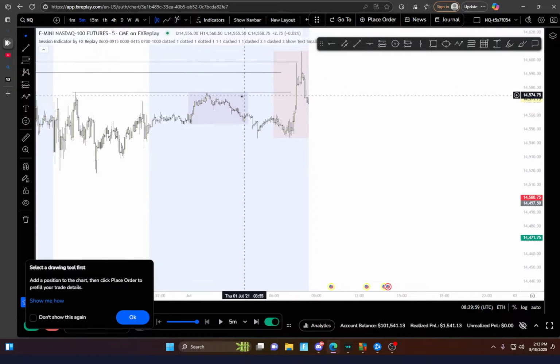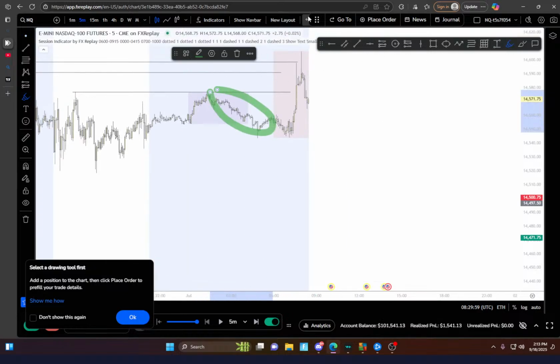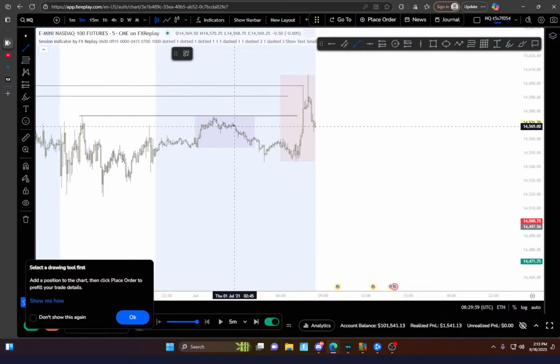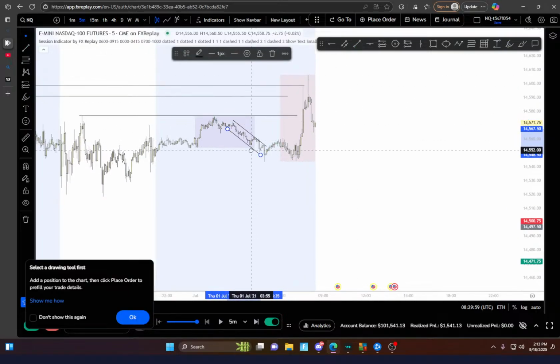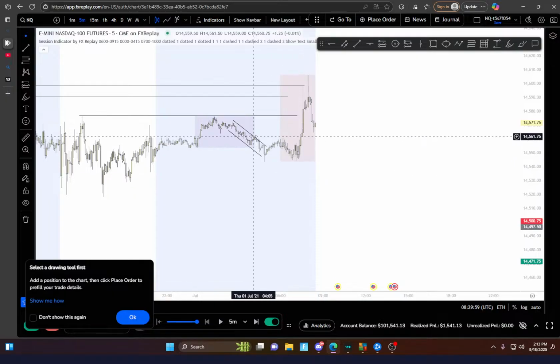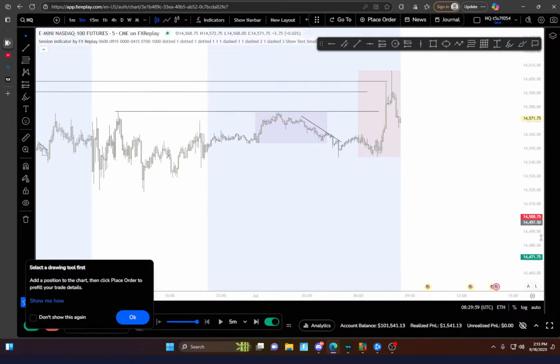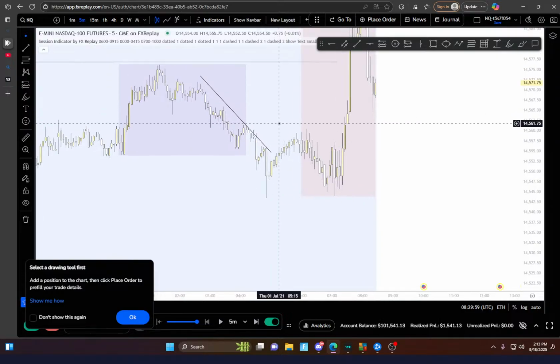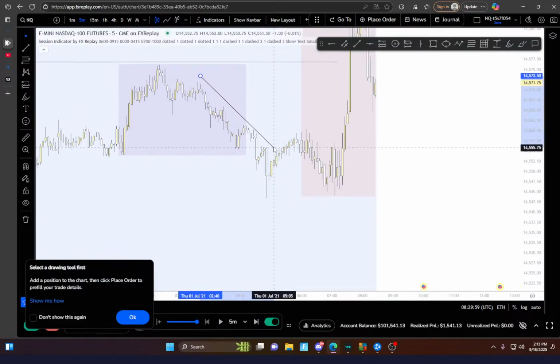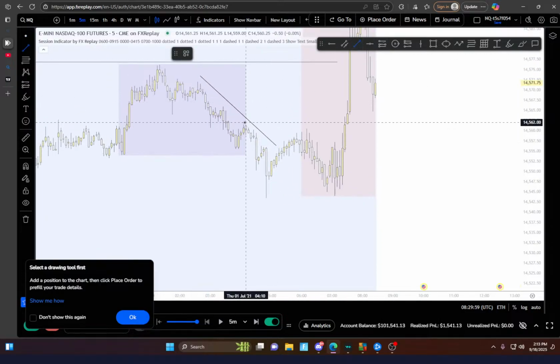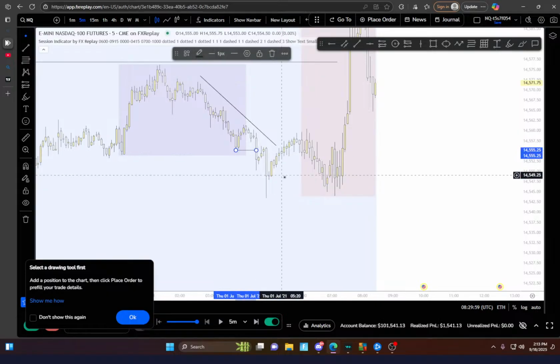So what do we do within this overall area? We're in a downtrend, building up, consistently respecting highs, pushing down with speed, busting down at double lows.